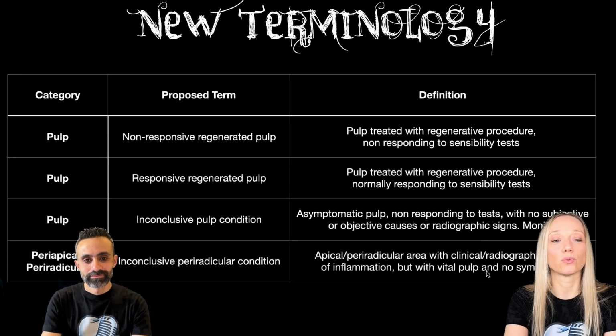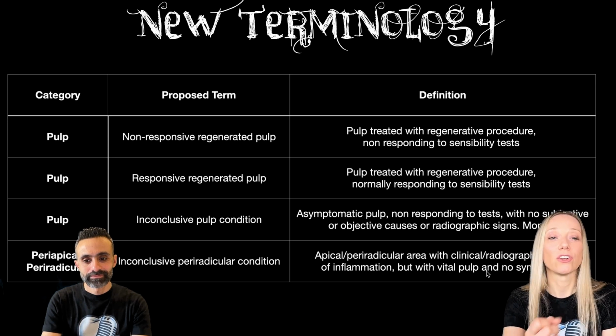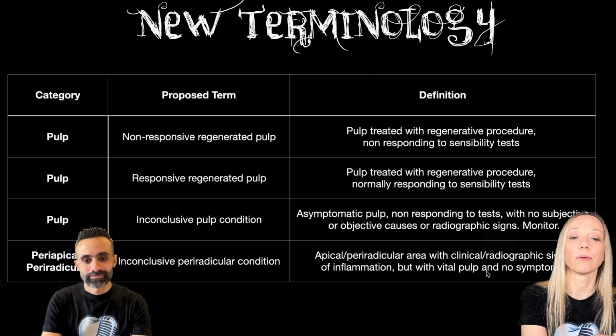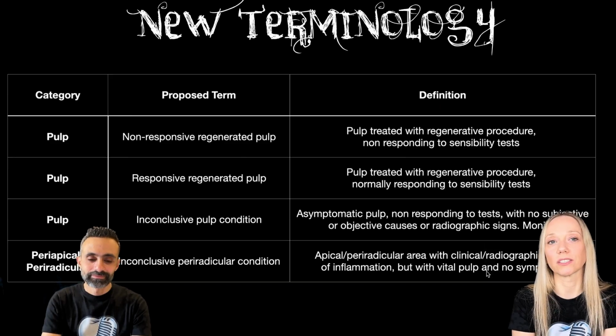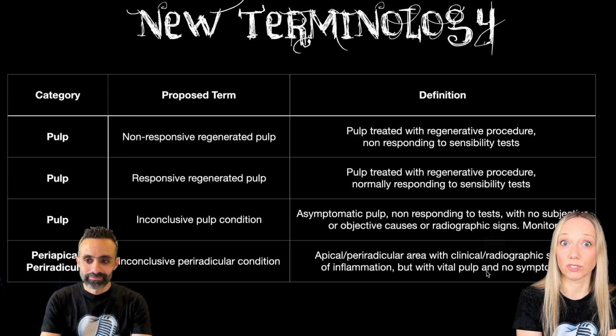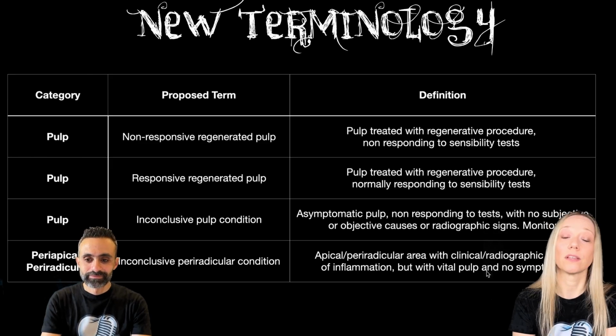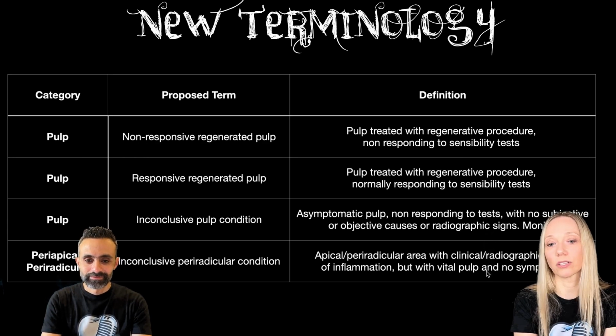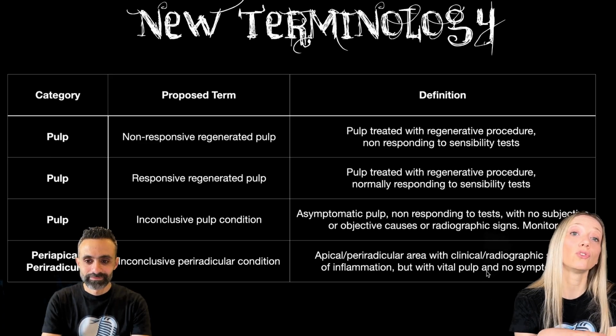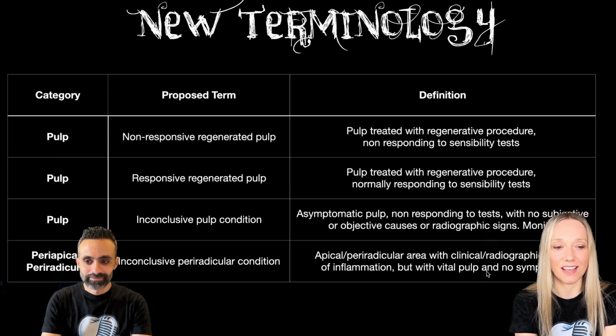And so they try to introduce new terminology like non-responsive regenerative pulp, when we have a pulp treated with a regenerative procedure that is not responding to sensibility tests, or responsive regenerative pulp when the pulp was treated with a regenerative procedure but is still normally responding to the sensibility test.